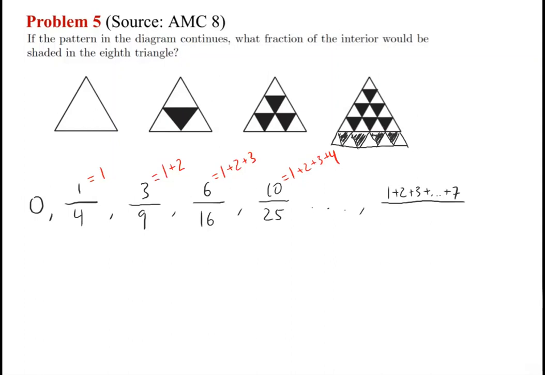Okay? So for your denominator, though, you can see that 4 is just 2 squared, 9 is 3 squared, 16 is 4 squared, and 25 is 5 squared. Using this logic, we can find that the denominator has to be 8 squared.